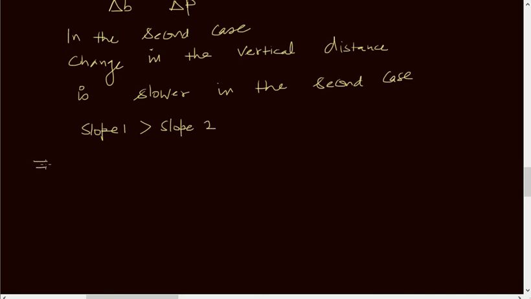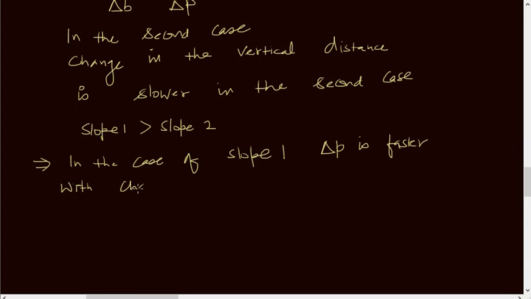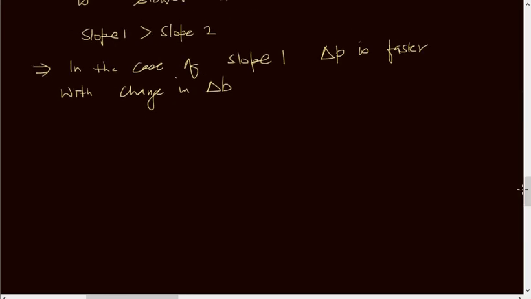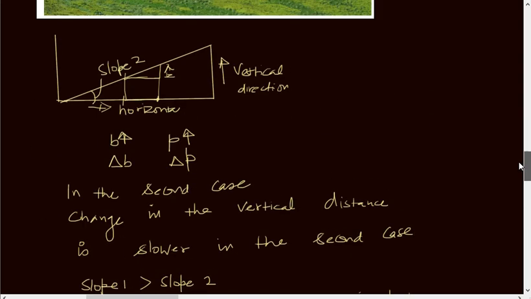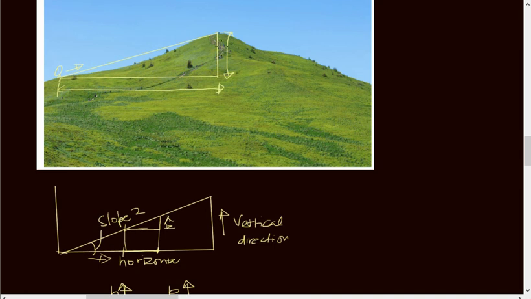So this implies that in the case of slope 1, the change in vertical distance is faster with change in horizontal distance, which is delta B. In both the cases, as you move in the horizontal direction, you gain height.